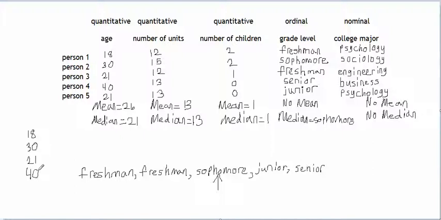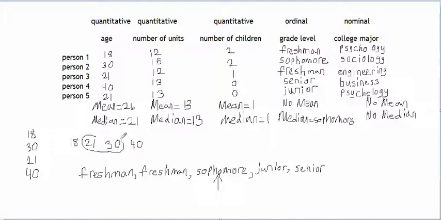We would still put the values in order from lowest to highest. Notice that when we have 4 values, we have 2 middle numbers. Whenever you have an even number of numbers, you have 2 middle values.